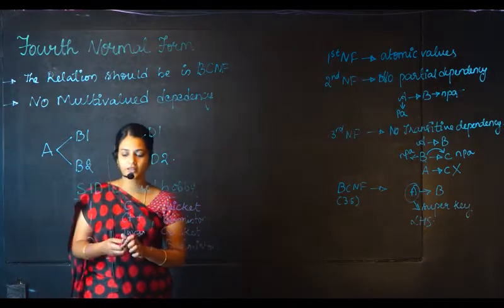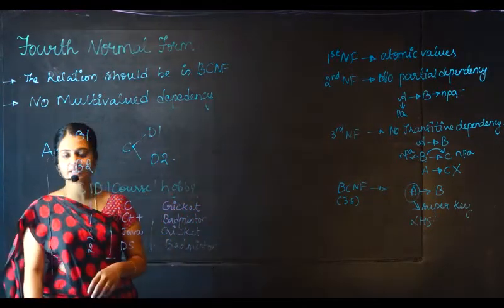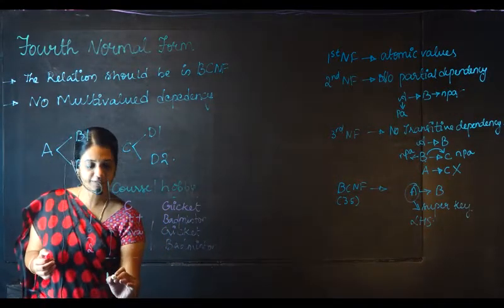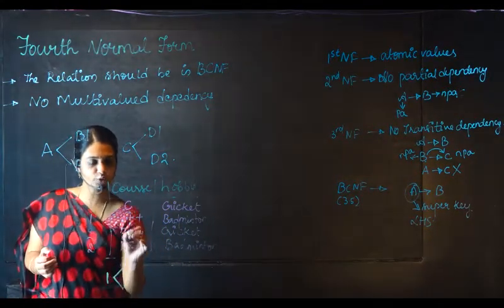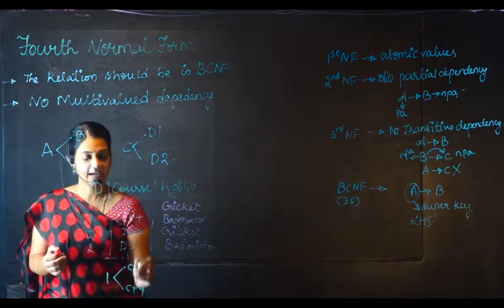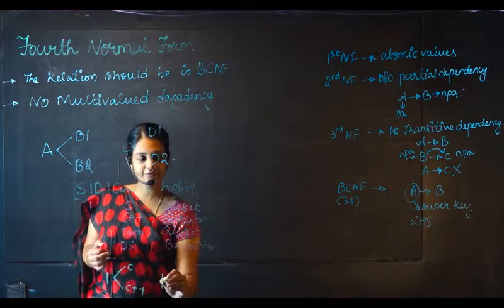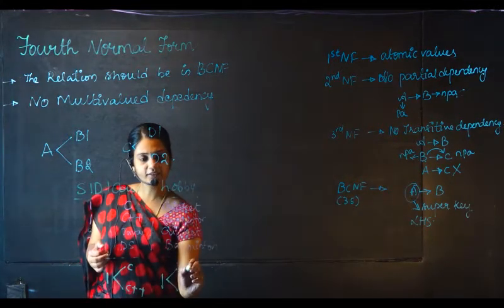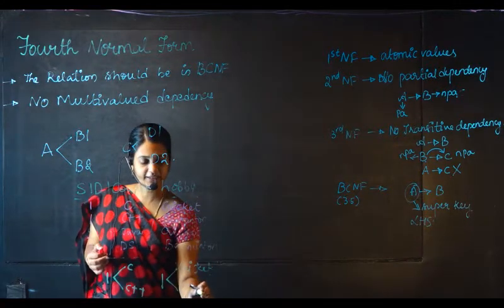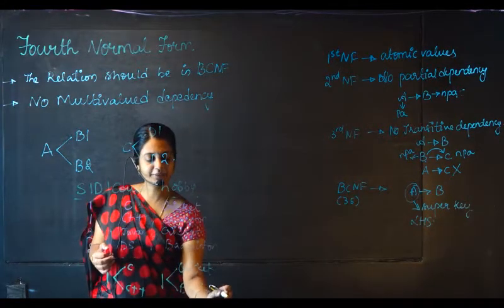See what is happening in this table. You have student ID 1 who is taking two courses, C and C++, and at the same time has the hobbies cricket and badminton.